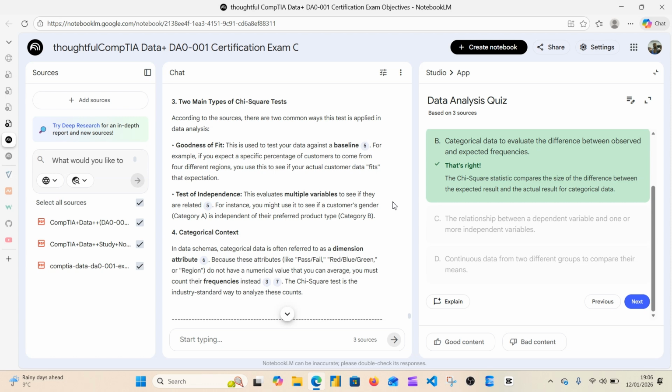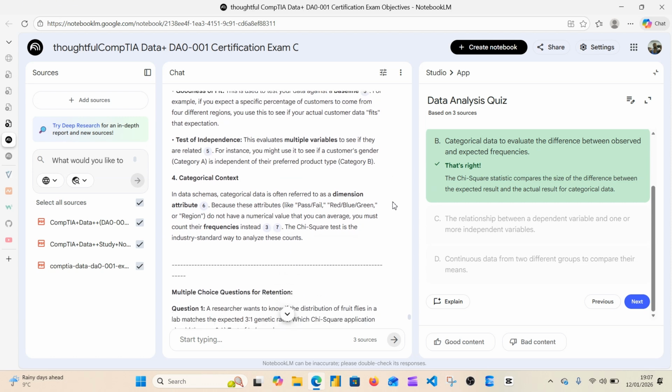Yes. You must count their frequencies instead. You must count. That's true. That's very true. The chi-square test is the industry standard way to analyze these.